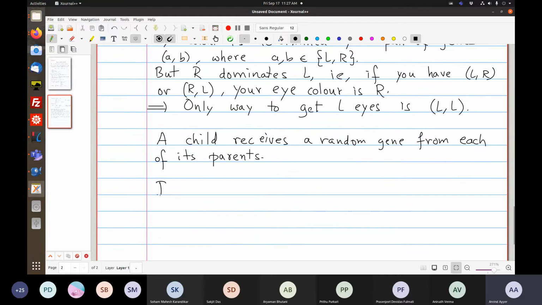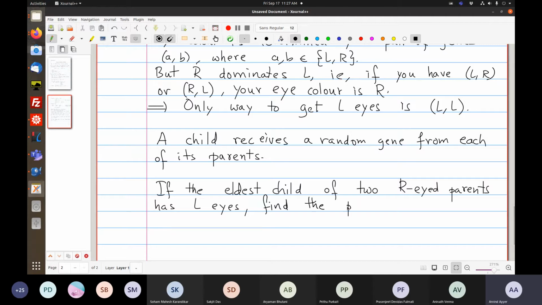If the eldest child of two brown-eyed parents has blue eyes, find the probability that exactly 2 of the 5 other children, suppose they have 6 children in total, have blue eyes.